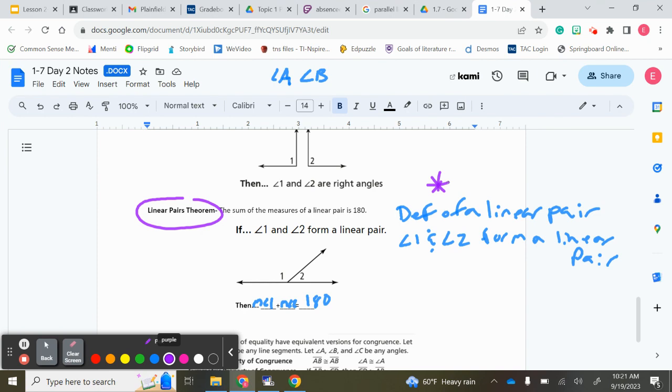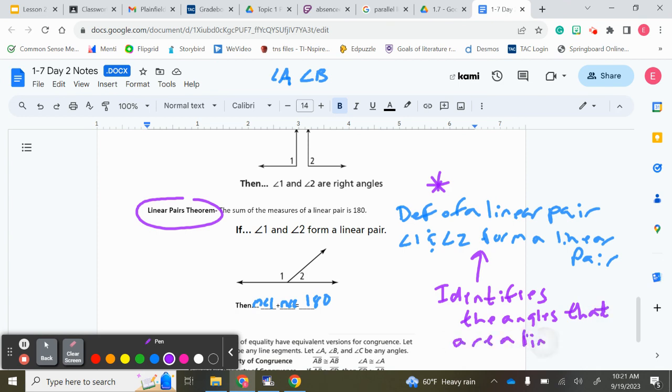So this identifies the angles that are a linear pair, while this states that the measures are equal to 180 degrees.